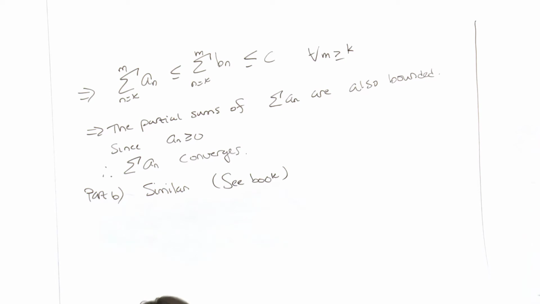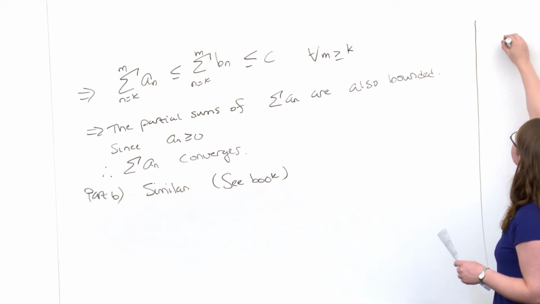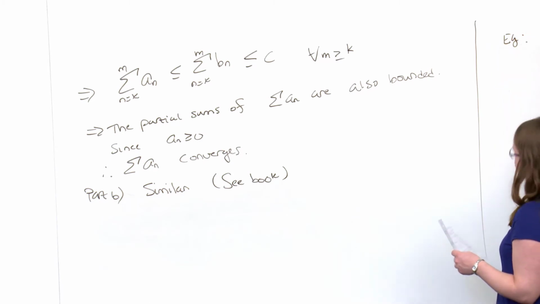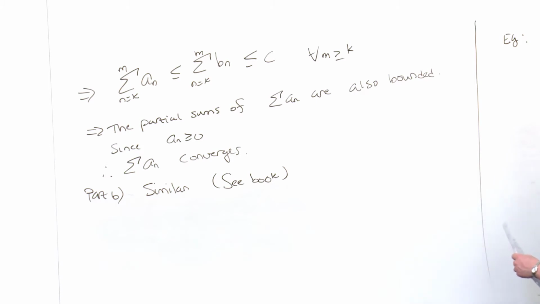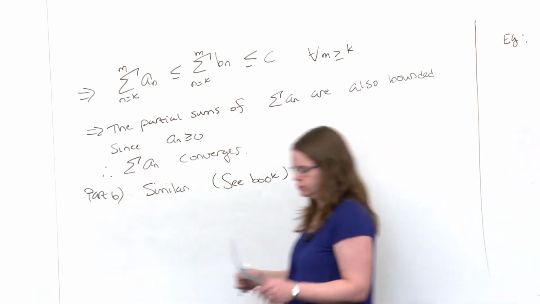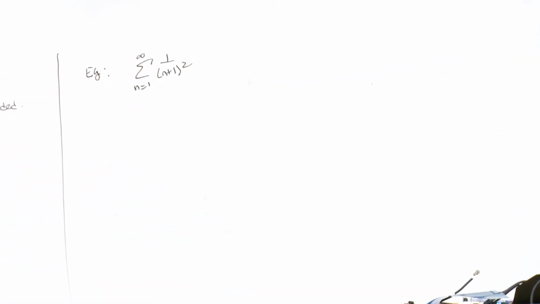Okay, so for example, we can take this series, 1 over (n plus 1) squared. This shares a certain similarity with the series we've already been looking at, right?